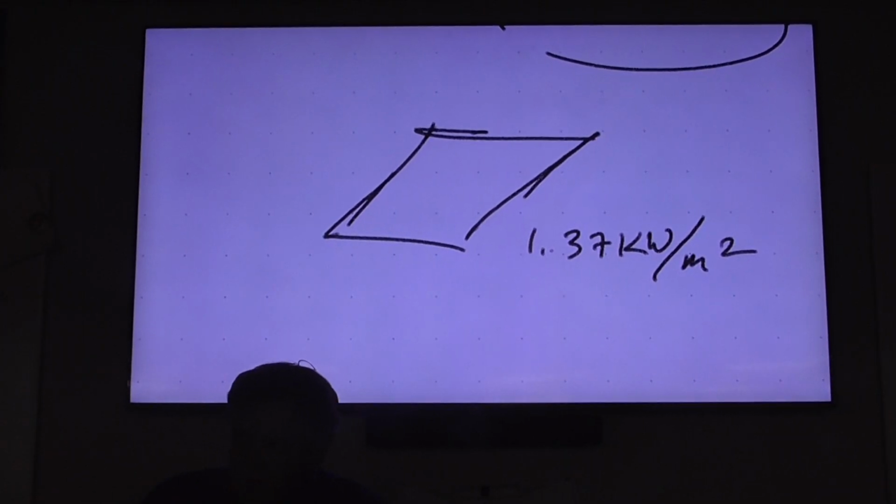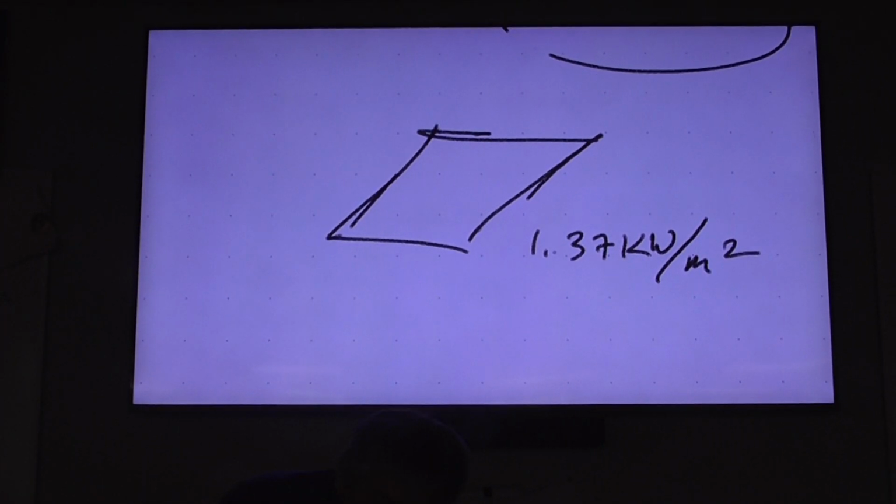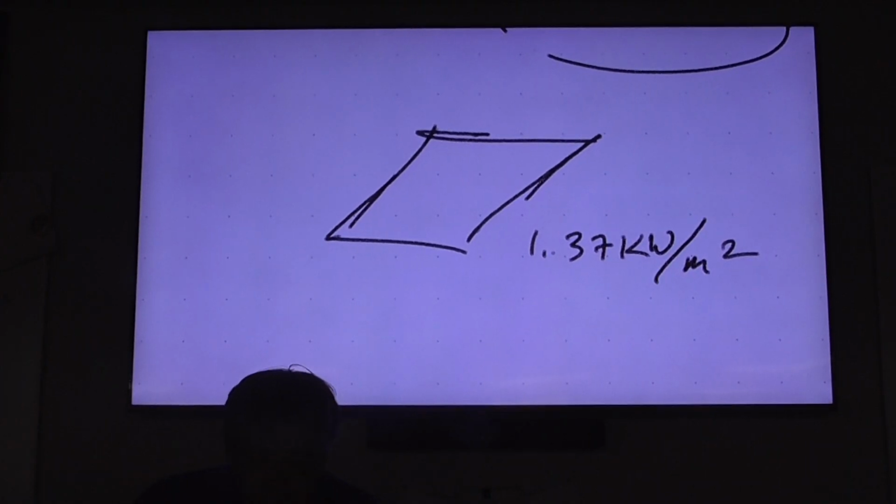Because each photon contains a tiny bit of energy. So if you look at what you're given on 47, it's saying the average wavelength is 680 nanometers for visible light.